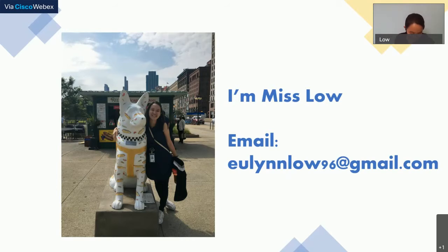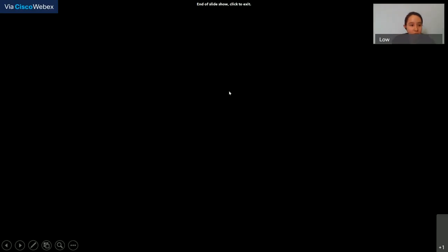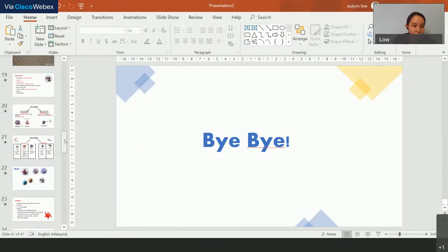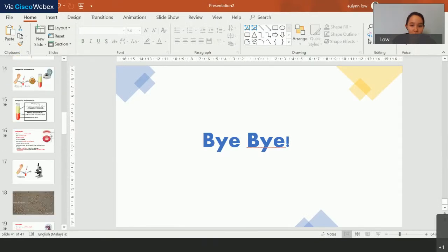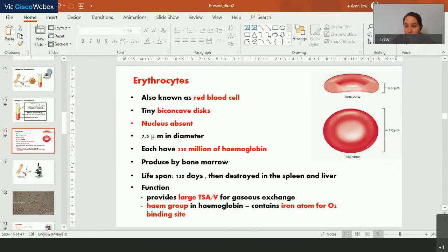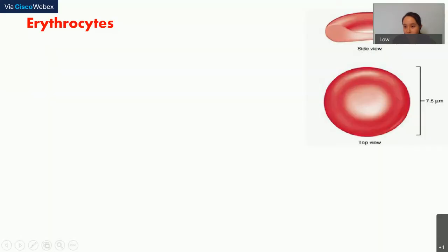Ideal Sally asking what does biconcave mean? Biconcave is basically, okay, let's go back to the erythrocyte part. This is basically the biconcave shape that has the hole there.